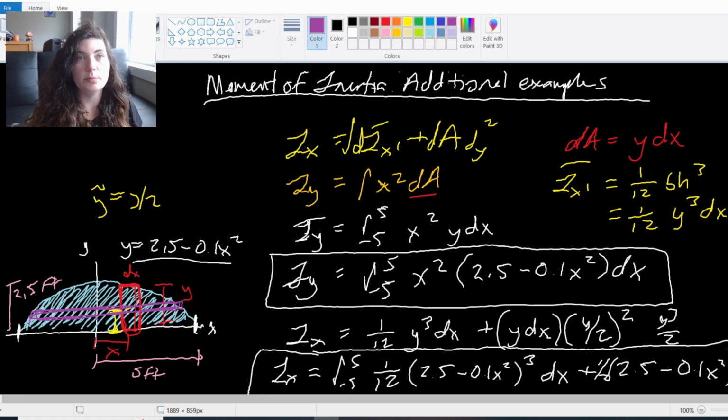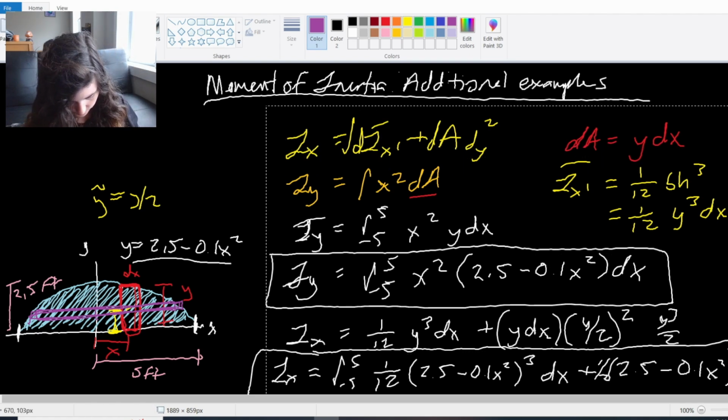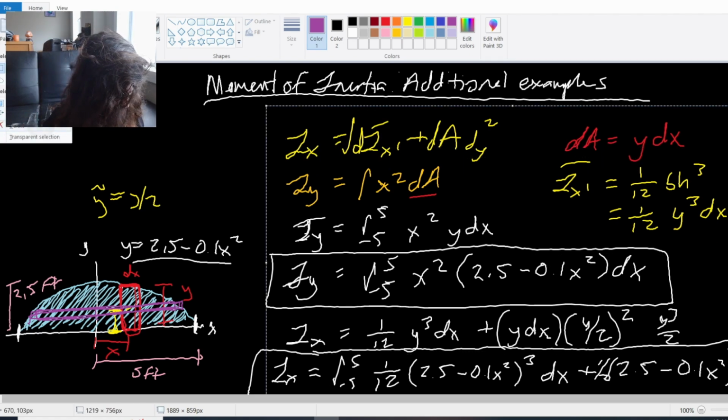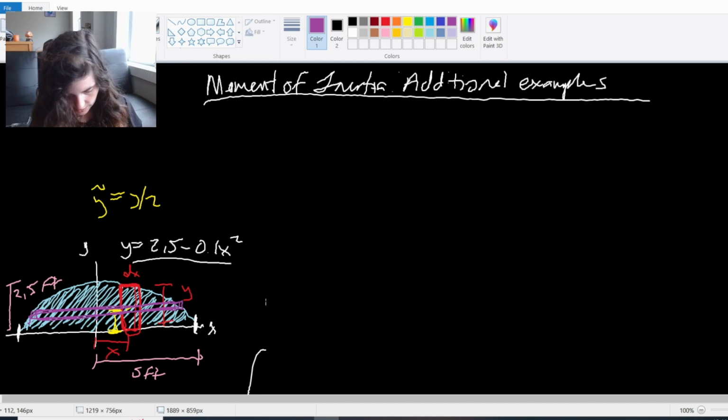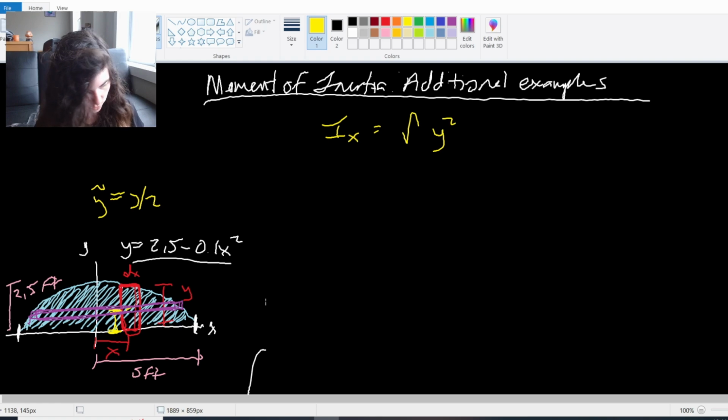Now everything is flipped. Instead of using parallel axis theorem for my x, I'm using it for my y. And I'll use the basic integration equation for my x. So for these, I'm going to delete all of this. Now what I have is my moment of inertia about the x-axis uses the basic equation, so y squared dA.